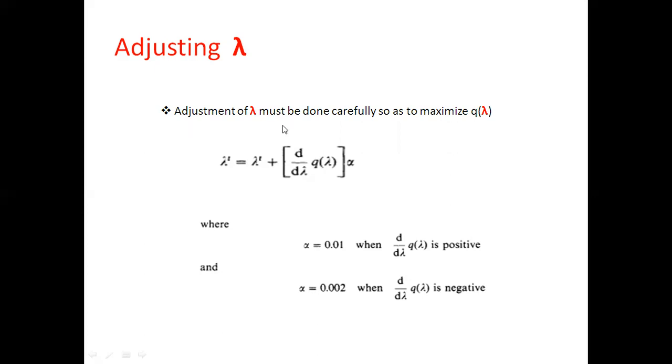The adjustment of lambda must be done carefully so as to maximize the value of q(lambda). So the new value of lambda is equal to the old value of lambda plus the first order derivative of q(lambda) with respect to lambda times alpha, where alpha is 0.01 when dq(lambda)/d lambda is positive and alpha is 0.002 when dq(lambda)/d lambda is negative.